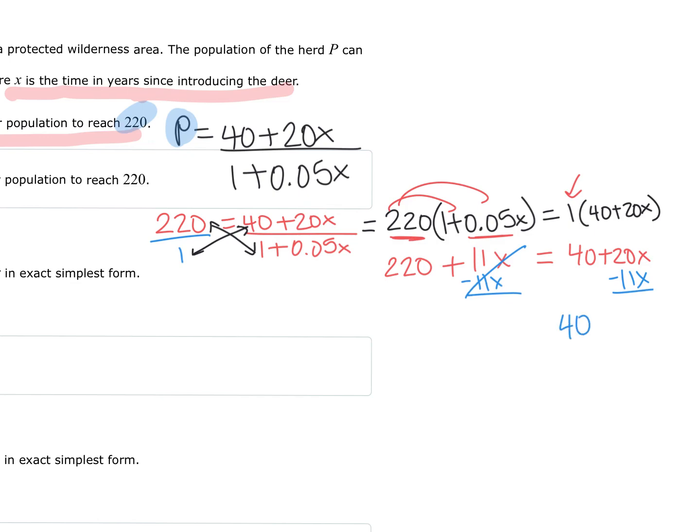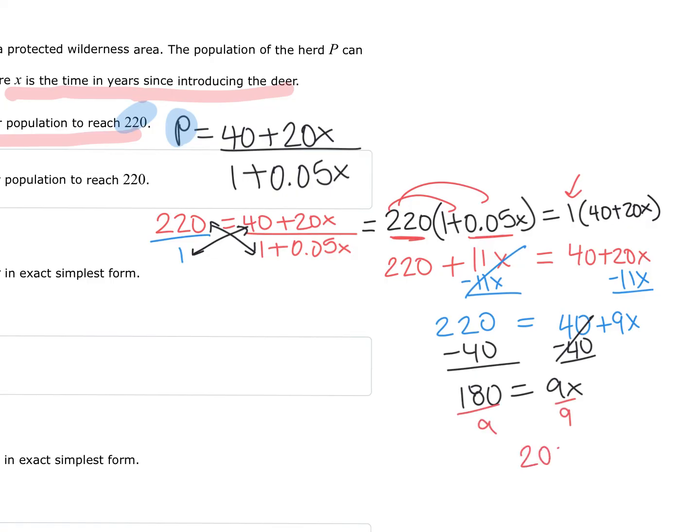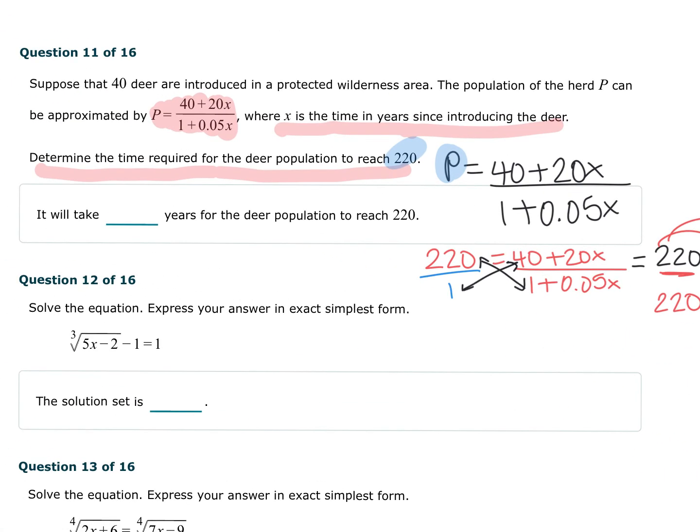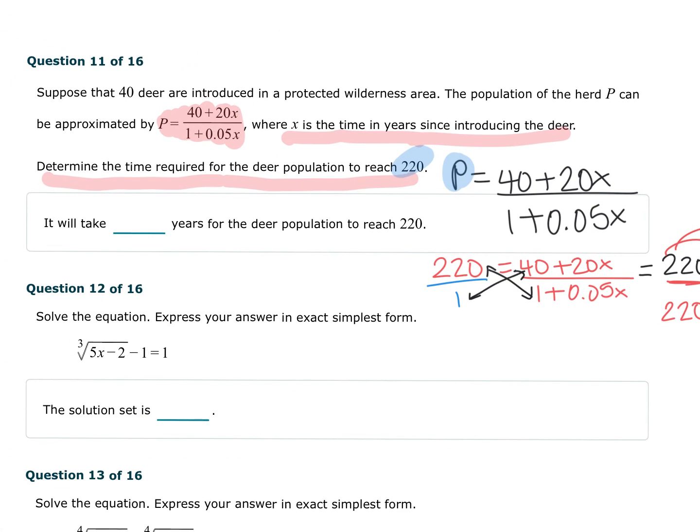I would have 40 plus 9x equals 220. I just want to show you we get the same result. Then I can subtract 40 from both sides, and I get 180 equals 9x. Then I can divide both sides by 9, and I end up with 20 as well. So either way, I get 20, but there are 4 different ways to start that problem. I'm not going to do all 4, but I at least wanted to do 2 of them for you. All right, so it's going to take 20 years for the deer to reach the population of 220.